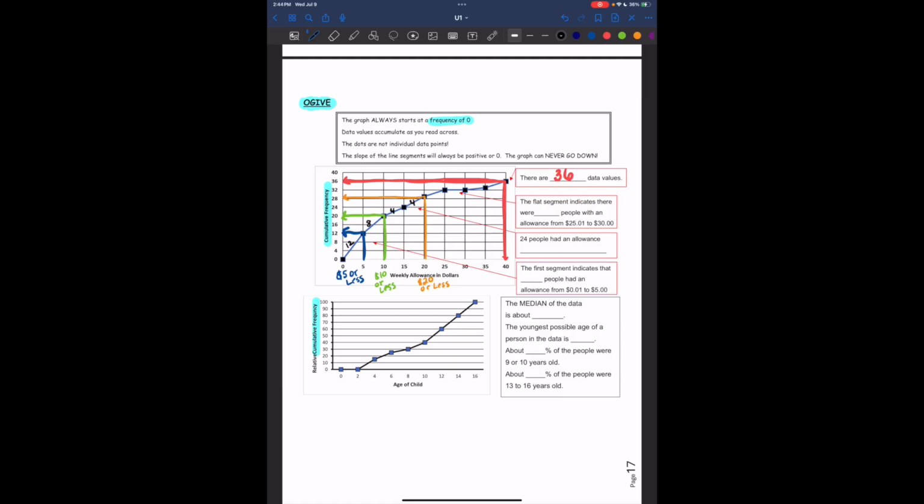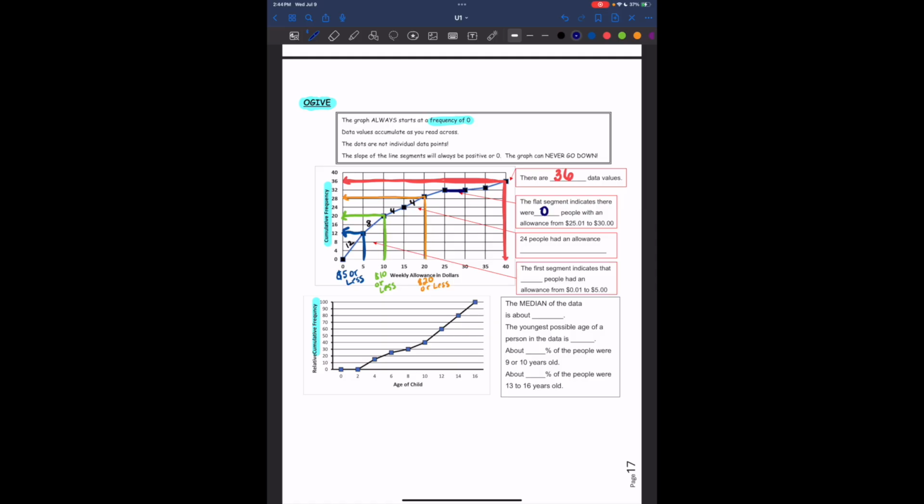And then we went from 28 to so on, and you kind of progress. If you have this flat line, what do you think the flat line portion of this is indicating? Right, we didn't increase in people. The flat line segment indicates that there were 0 people within that range of values.